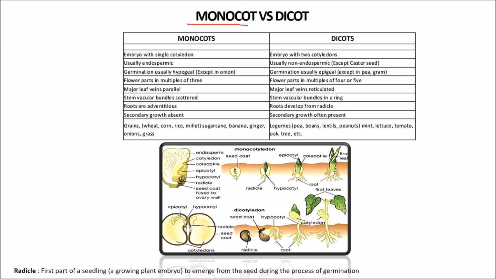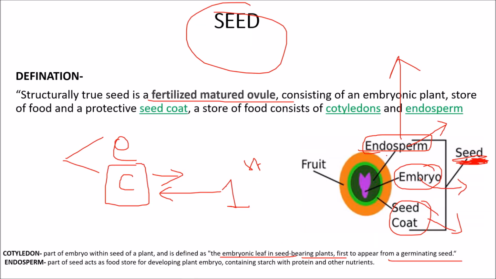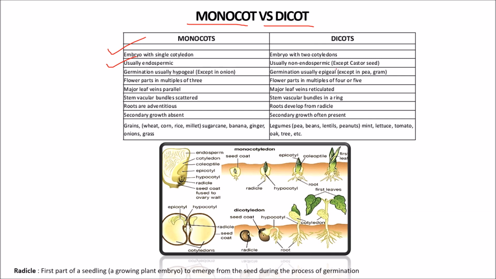Now, talking about the two types of cotyledons, monocotyledon and dicotyledon, or monocots and dicots. The first line is absolutely clear: monocot has a single cotyledon and dicot has two cotyledons. Monocots will usually have the endosperm, they are endospermic. But dicots usually are non-endospermic, though there are exceptional cases, for example the castor seed.